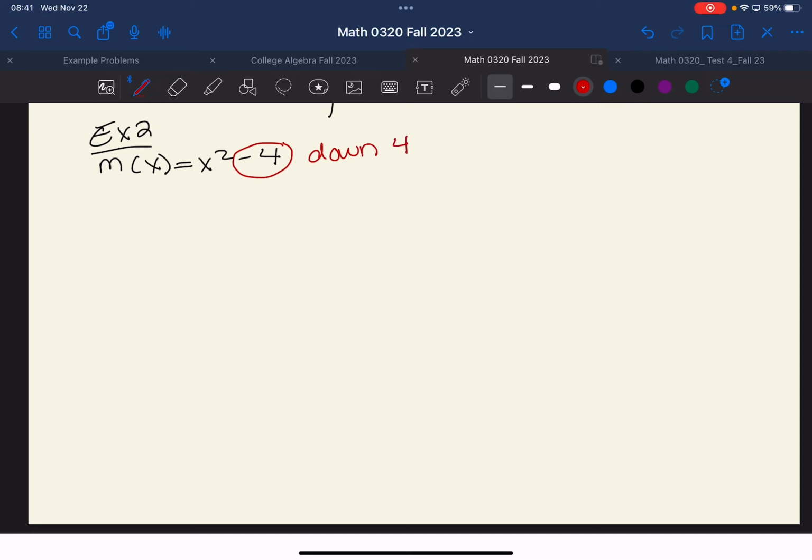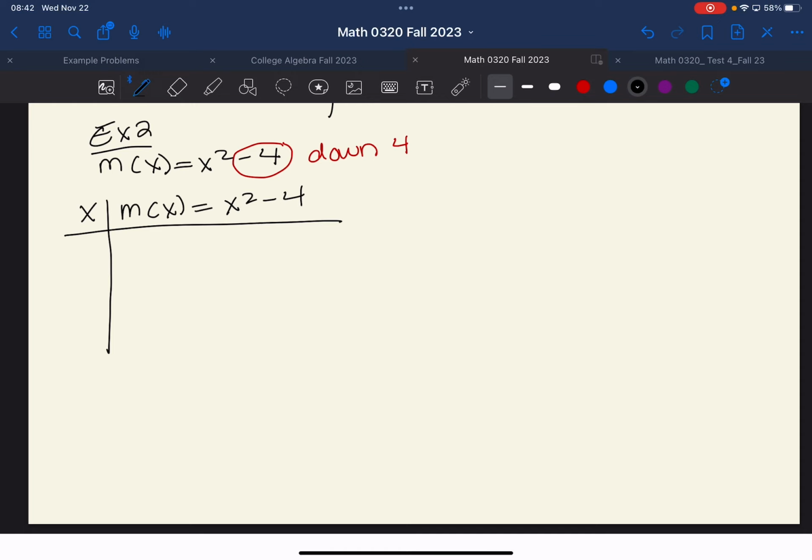Okay. So what we need to do first is make our table for this function, plot a couple points, and then we'll have our graph. Okay, so we have x, and then we have m of x is equal to x squared minus 4. Again, I'm just going to plug in 3 numbers.